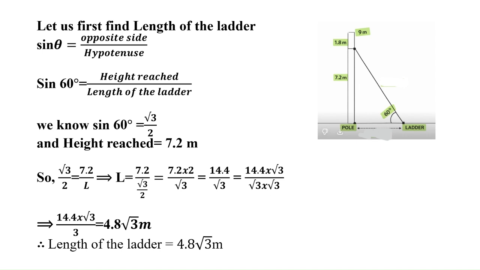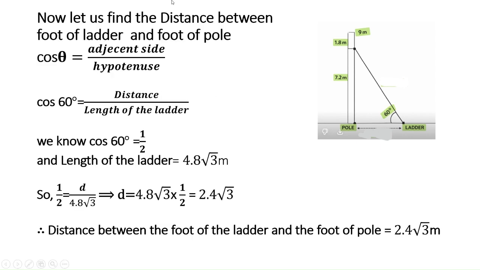Now we need to find the distance between the foot of the ladder and the foot of the pole. That is nothing but the base of the right angle triangle made by the ladder and the pole. We are talking with respect to 60 degrees, which is the angle made by the ladder with the ground.